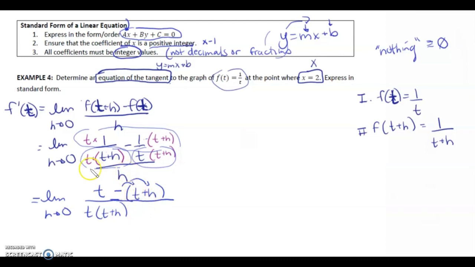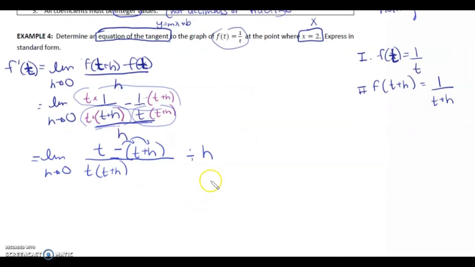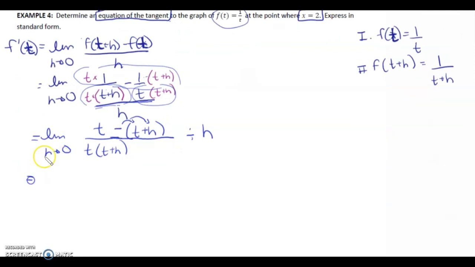And instead of putting it as divided by h with the fraction symbol, I am going to put divided by h beside, because then in the next line, I'm going to multiply by 1 over h. And it's easier to cancel out. Just remember we can't divide a fraction by a number. We have to multiply by the reciprocal.